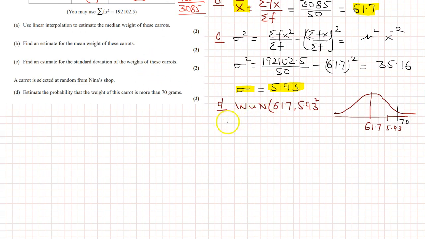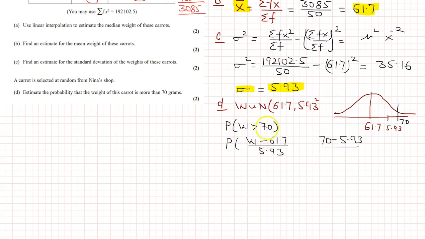So we know that the probability of W is greater than 70 is equal to the probability of W minus 61.7 over 5.93 greater than 70 minus 61.7 over 5.93.